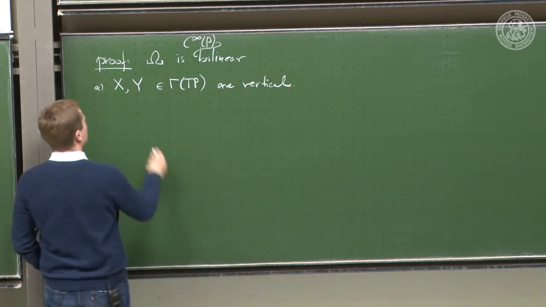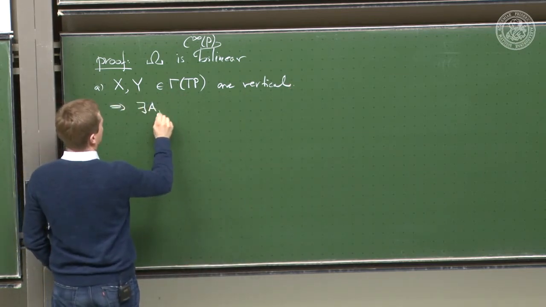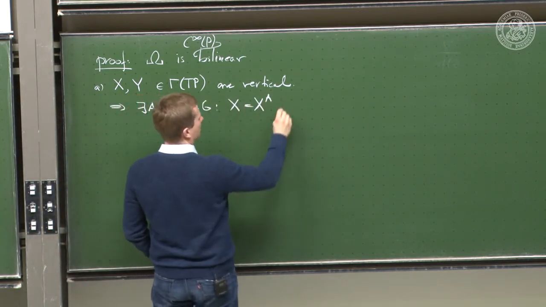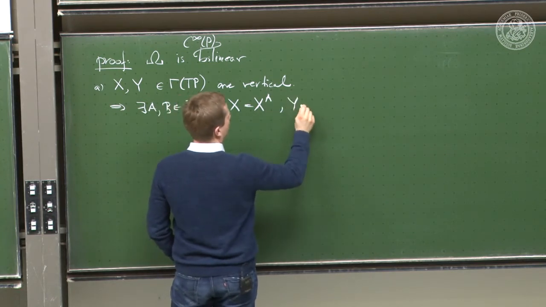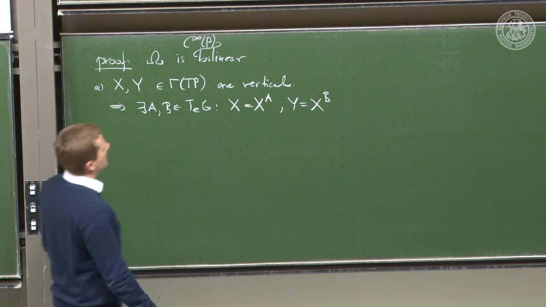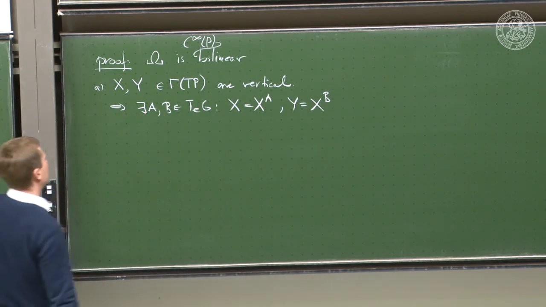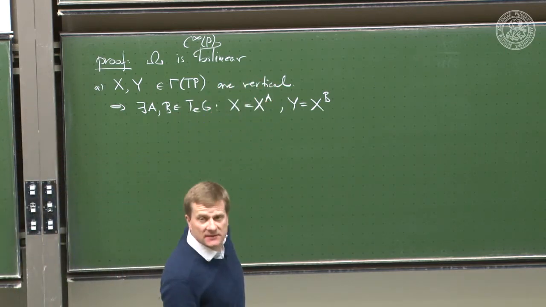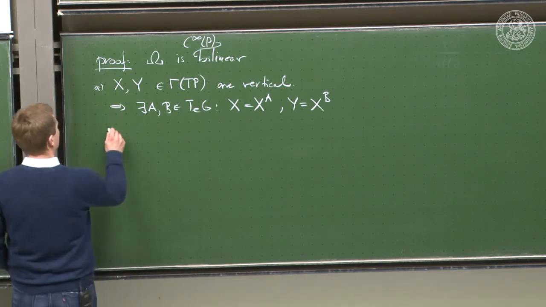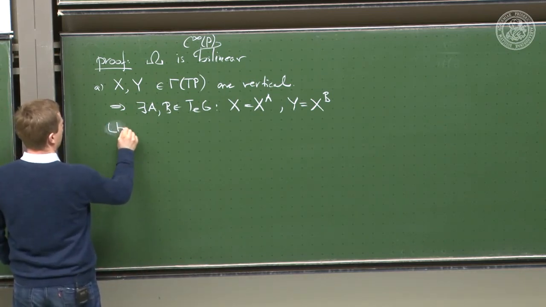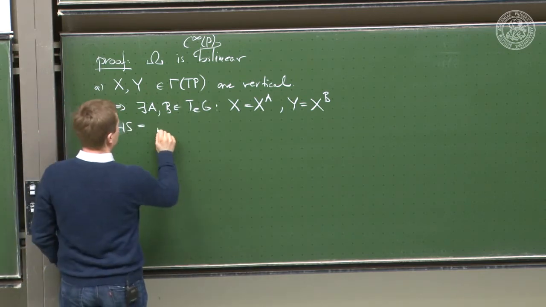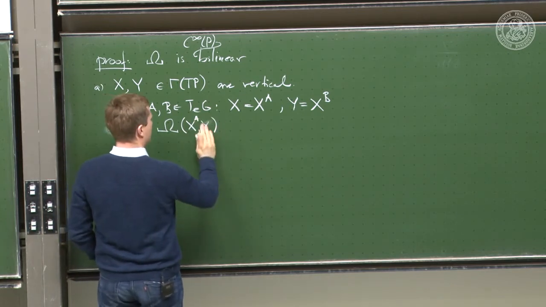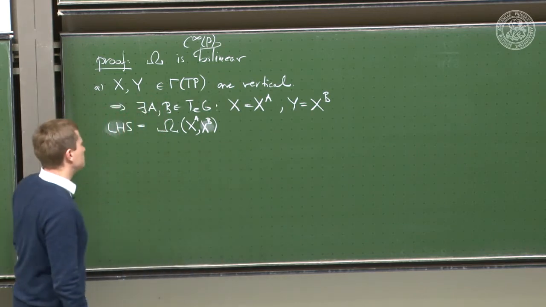Okay? So if they're vertical, then there exist Lie algebra elements A and B, such that X is the vector field induced by A, and Y is the vector field induced by B, two vertical vector fields. And now we simply prove this claim by evaluating the left-hand side and the right-hand side separately. So the left-hand side of the equation is then, if you plug in the vectors X, Y, well, it's just Ω(X_A, X_B).